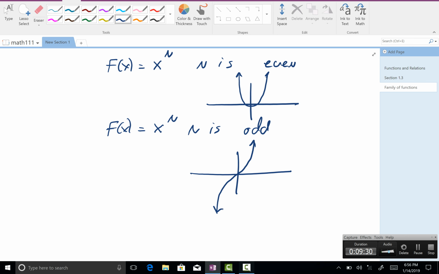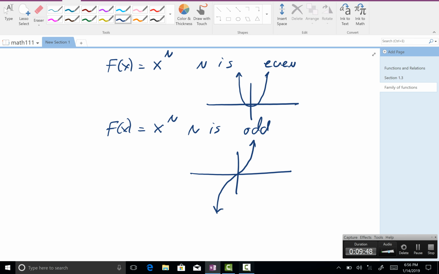So can we tell the difference between the odd and the even in the graph? You mean like if you were just given a graph?